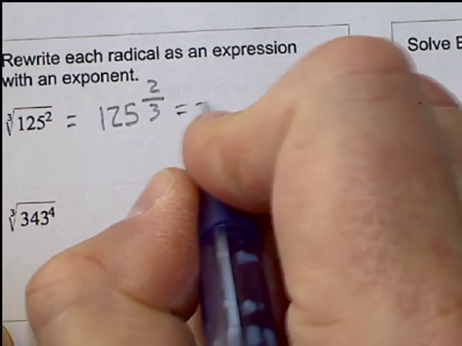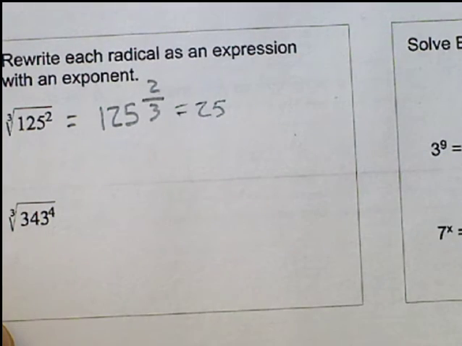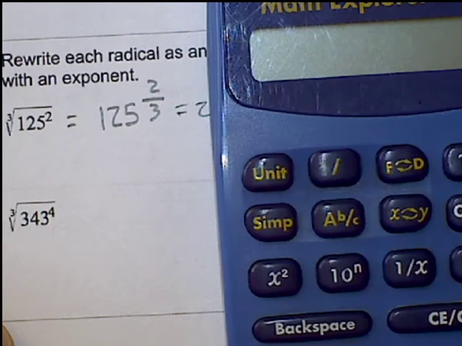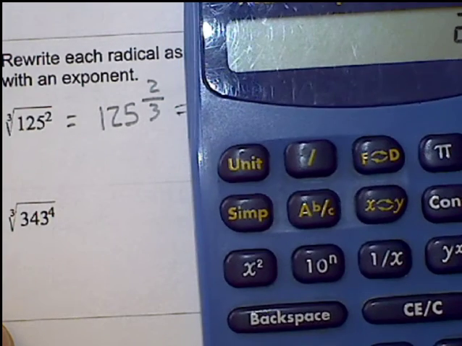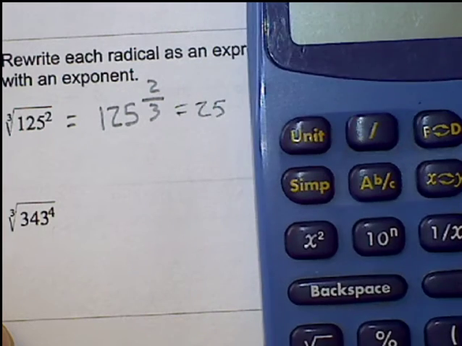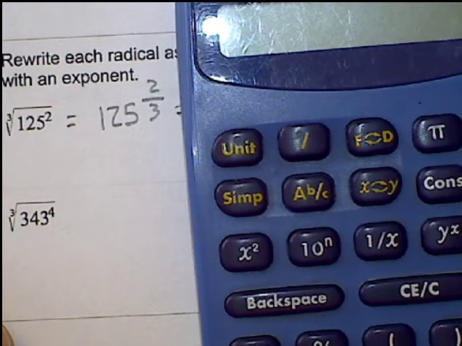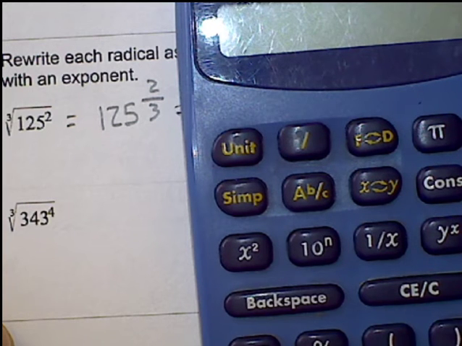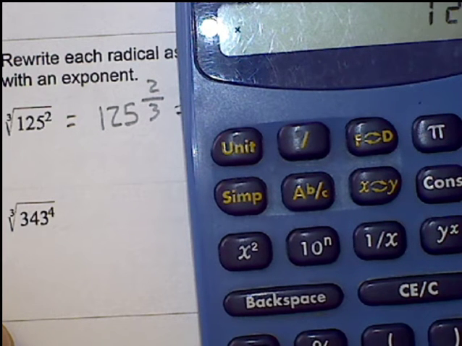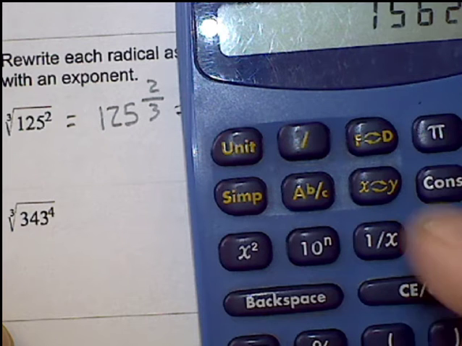I got it. You got what? 625. You got 6 over 5? 625? I don't know why. 125 squared, 125 times 125, and then equals.